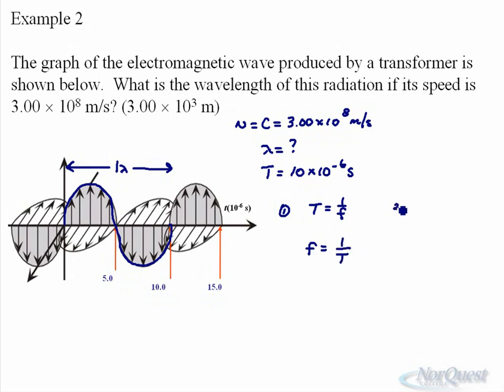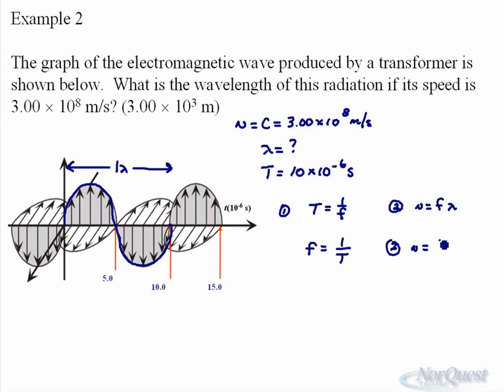I also have a second formula that has velocity equal to frequency times wavelength. So what I can do is substitute equation 1 into equation 2 so that I end up looking like this.